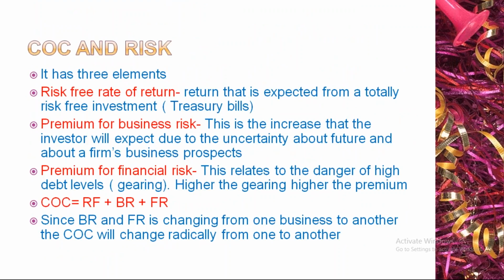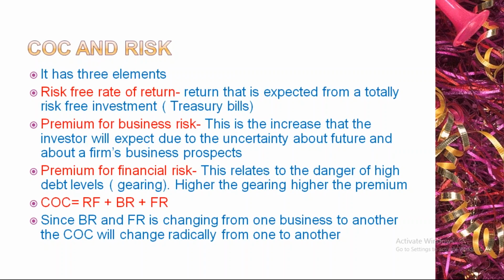Higher the gearing, higher the risk. Since the business risk and financial risk change from one business to another, cost of capital will change radically from one to another. In the same UK, one business will have a cost of capital of 12%. In the same UK, another business will have a cost of capital of 14%. Reason? It may be because of the business risk, it may be because of the financial risk.